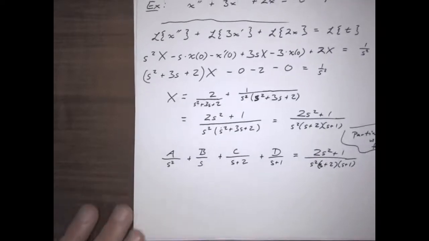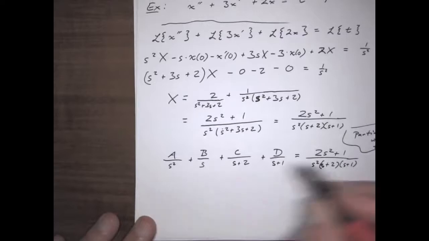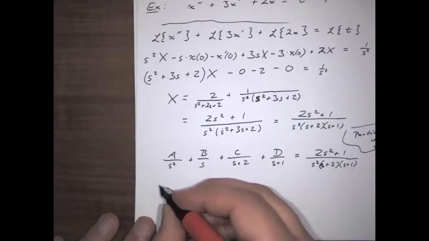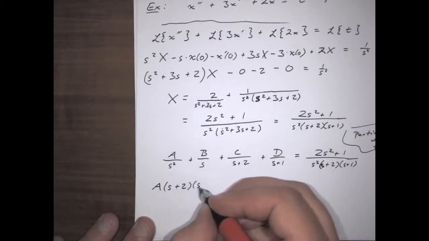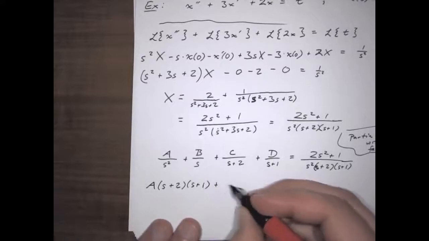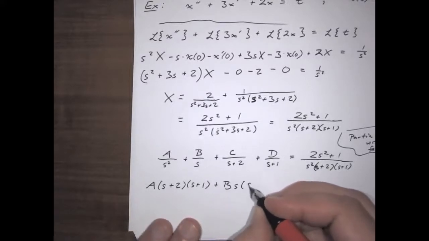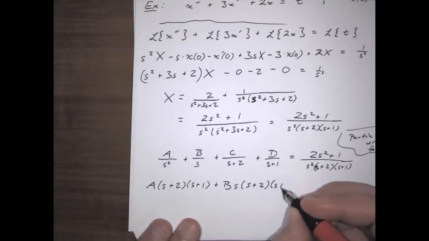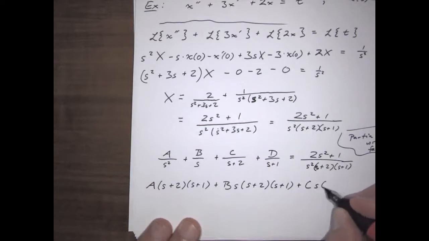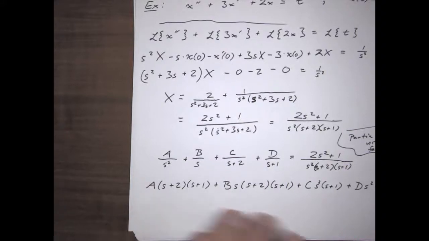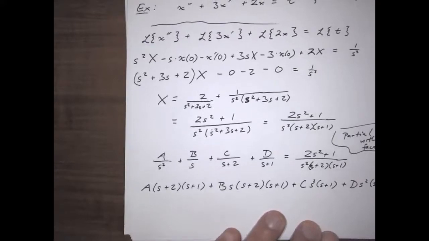So that's why you have the A and the B. And then if you multiply everything by what it's going to take to put things where they need to be, that's going to be A times s plus 2 times s plus 1, plus B times s times s plus 2 times s plus 1, plus C times s squared times s plus 1, plus D times s squared times s plus 2, that's equal to 2s squared plus 1.